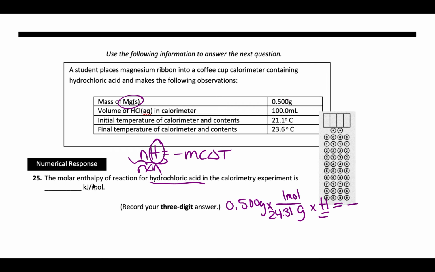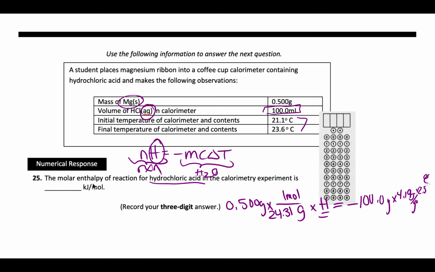And if you don't have water, because of this aqueous value, we assume that that is going to be the same. We also assume that this right-hand side is all about water, so we still use the specific heat capacity of water. And then this difference gives us our temperature change. So 2.5 degrees Celsius.